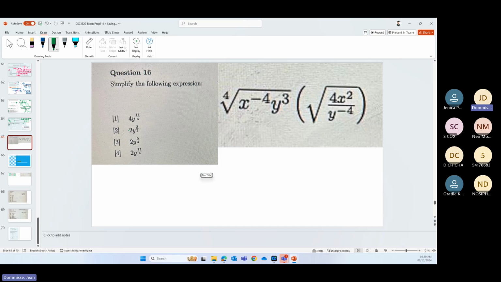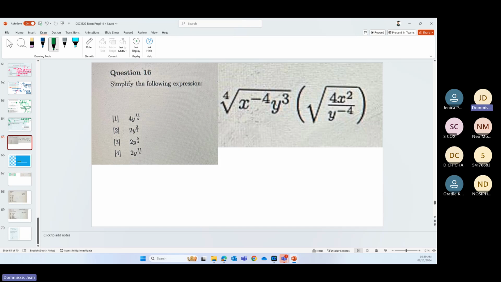Okay, so let's look at this one. Simplify the following expression. Again, this is not really part of study units 1 to 8, but just to familiarize yourself with that last part of your study unit, the appendix, where they said these are things that you should already be able to do.